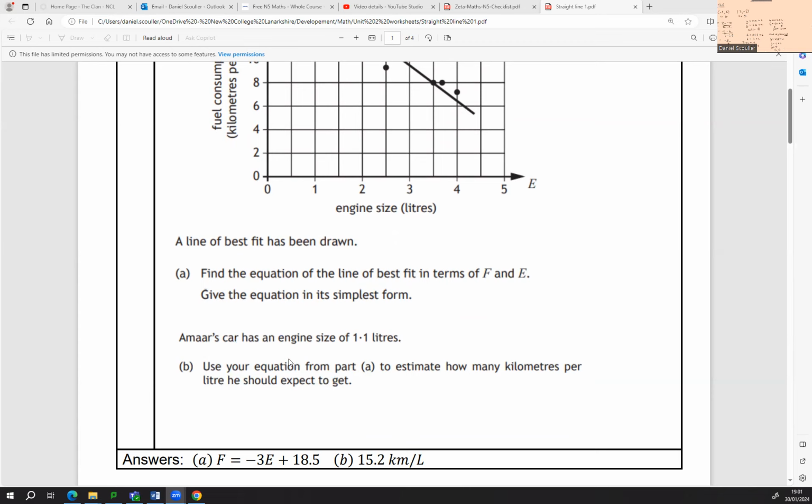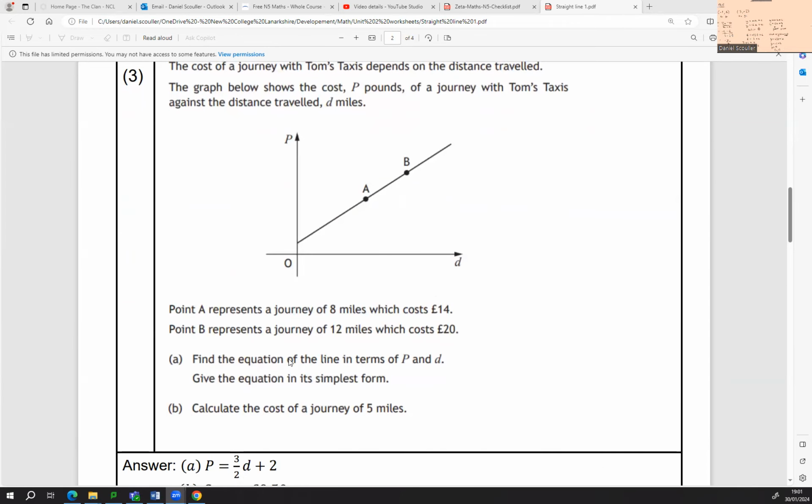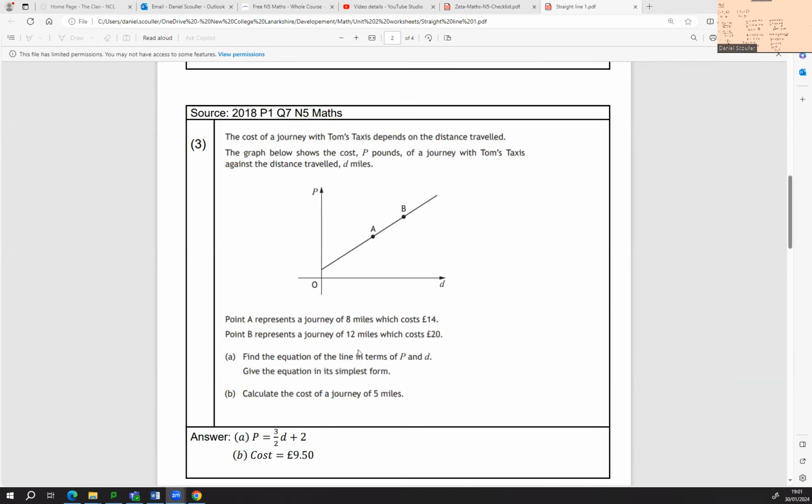Okay, so let's try this one, looks a wee bit easier. Let's have a wee look at this one. You've got the P up the y, what we call the y-axis. So the P is our vertical axis there. P in this story means pounds. So that's the cost up the y-axis there. So instead of a y coordinate, we're going to have a p coordinate.